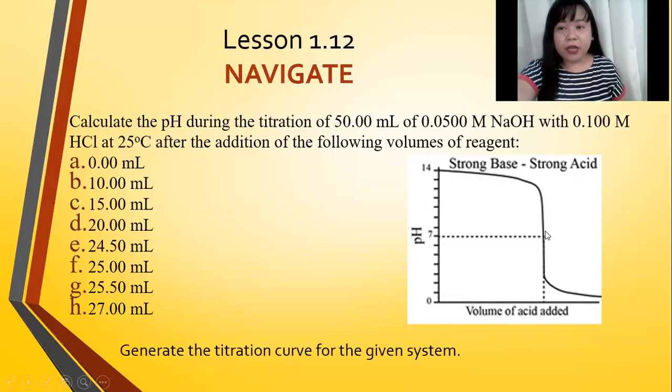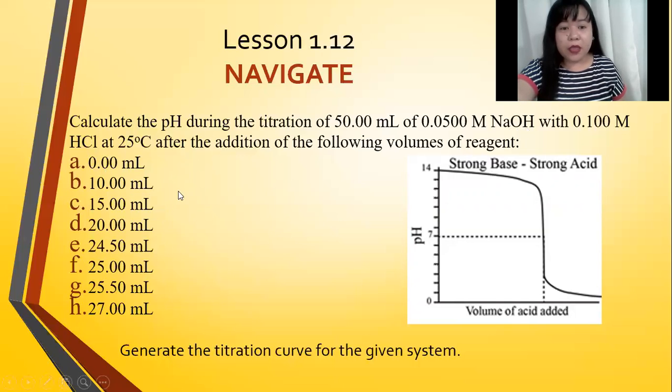Also, one final point that I would like to make is that when you're computing the concentrations before the equivalence point, remember that the concentrations that you will get are hydroxide ion concentrations. Therefore, getting the negative logarithm of that would give you pOH and not yet pH.